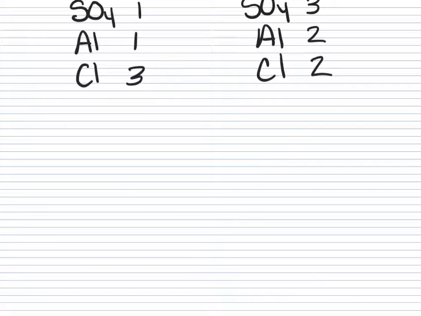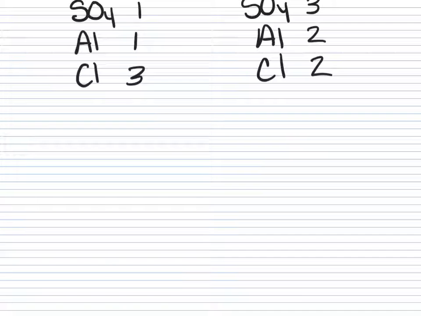All right, let's go with, I'll use a green pen. So let's go with the SO4s. I'm going to start on the side that is lower. So 1 is lower than 3. So this is the side I'm starting on. I can't put a number in the middle of a formula. I have to put a coefficient in the front, knowing full well that that coefficient is going to change the number of calciums and change the number of sulfates.